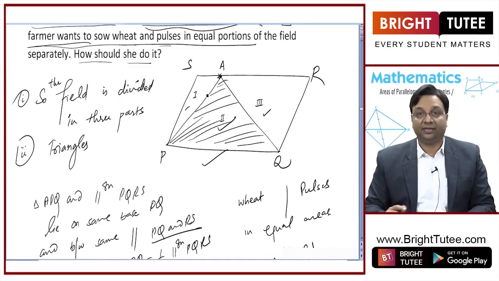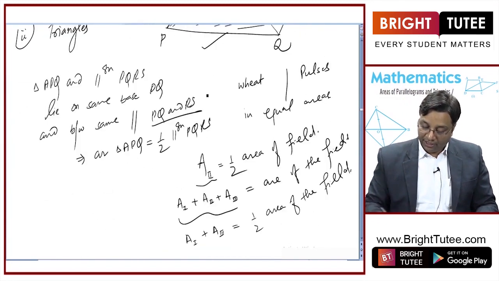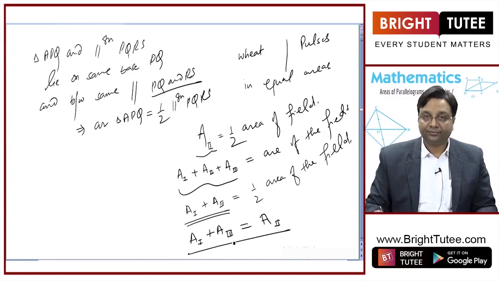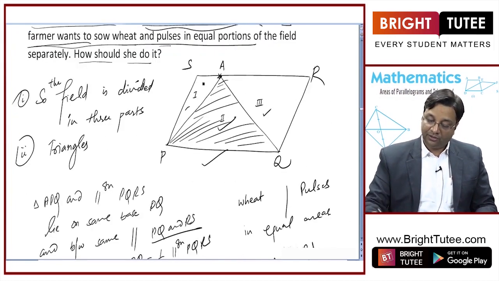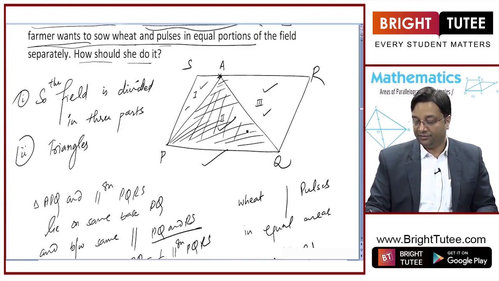So, the remaining area will also be half of this parallelogram. So, what can I say about area A1 plus area A3? That it is equal to area A2. Okay. So, the sum of these two areas is equal to this area.